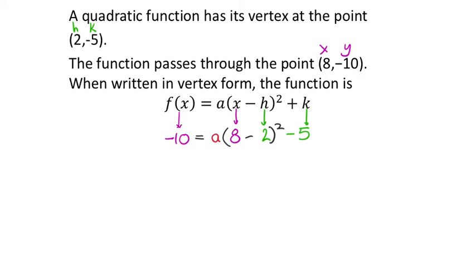Right here, I'd probably use a calculator, but we're going to use some principles of equality too. So I'd say, well, 8 minus 2 is 6, and that would be squared, right? So 6 times 6 is 36. I'm going to rewrite that as 36a, just so it looks familiar. Then minus 5, and this all equals -10.